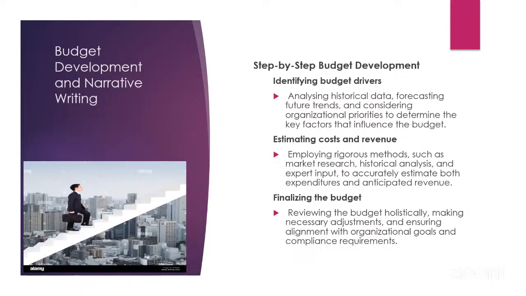Then, secondly, estimating cost and revenue. When you are developing your budget, you have to come up with estimates. This one will also speak to market research, analyzing the historical data, and having input from experts about the market prices when you are estimating your costs.